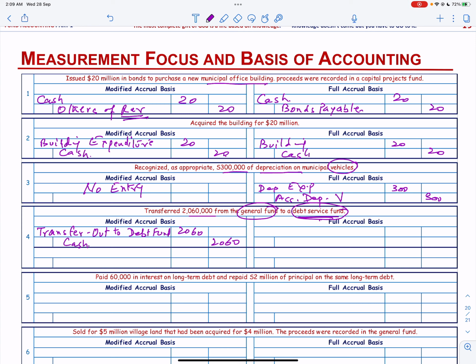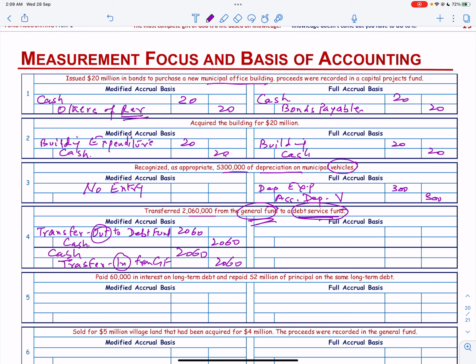So cash is debit by 2,060,000, and now transfer in and not out. Transfer in from general fund is credit for 2,060,000.